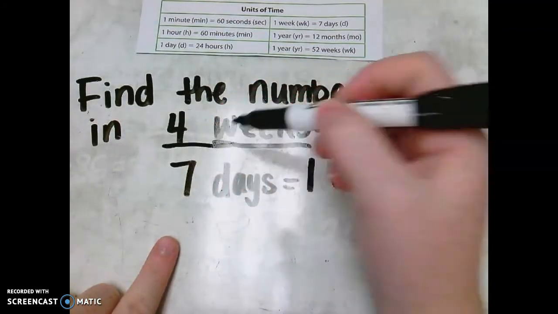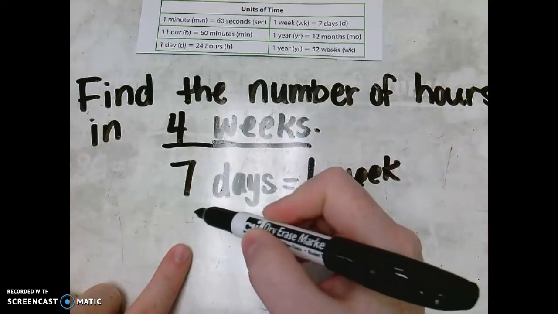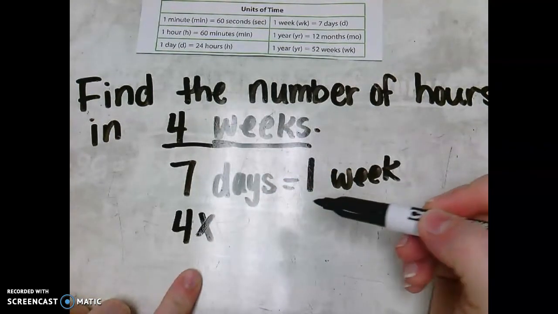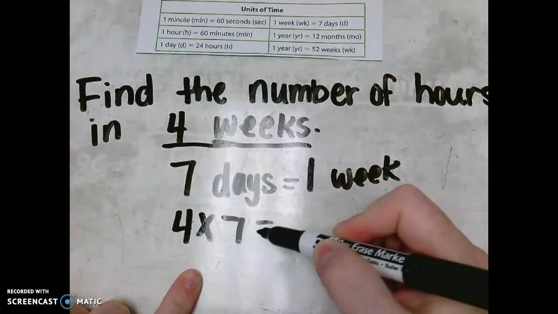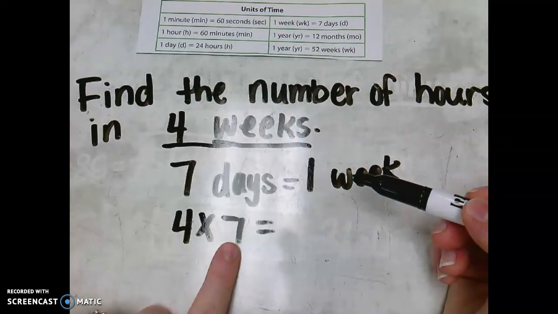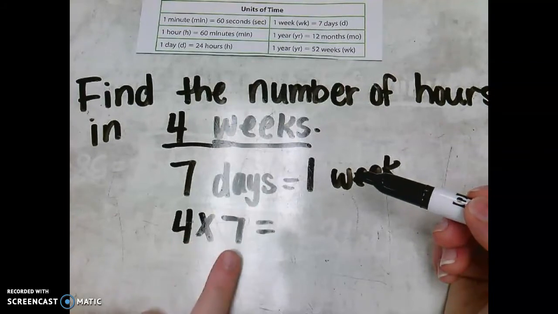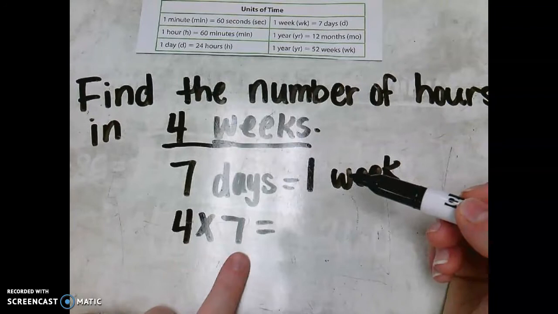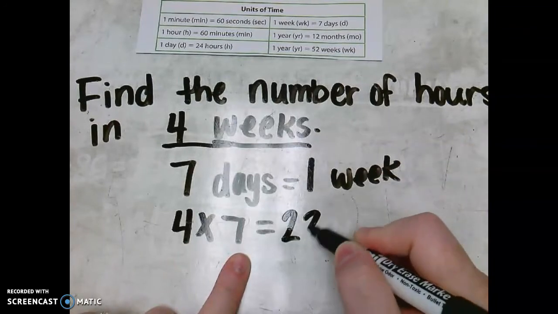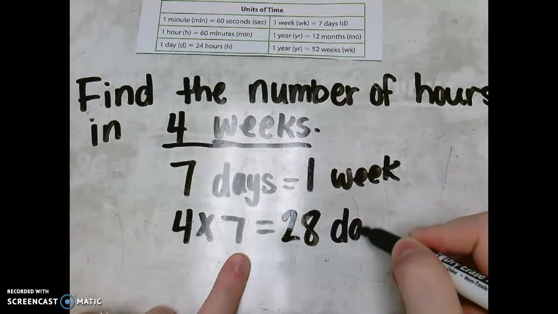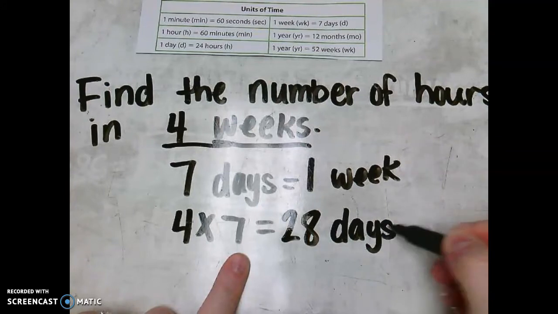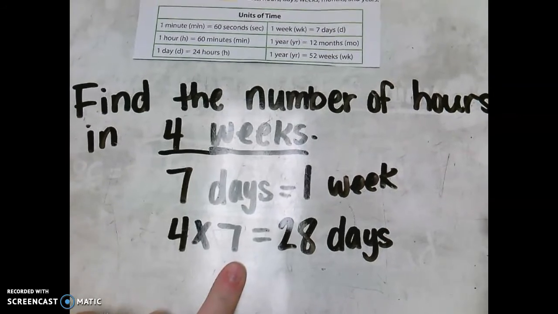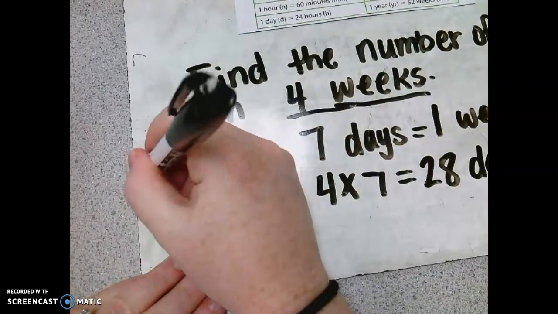We have 4 weeks times 7 days, because there's 7 days in a week, times 4, or you could add 7 four times, but this is a little faster. 4 times 7 is 28, so we have 28 days. Okay, 28 days in 4 weeks.